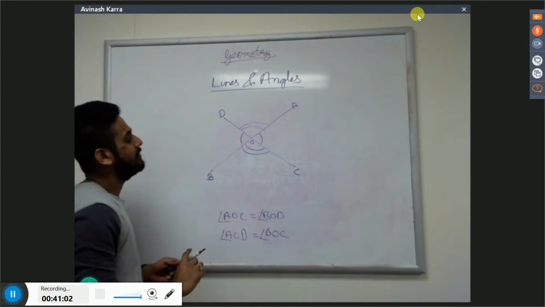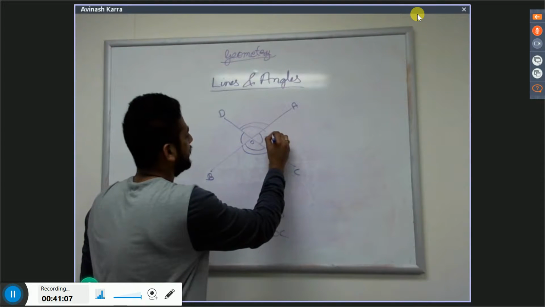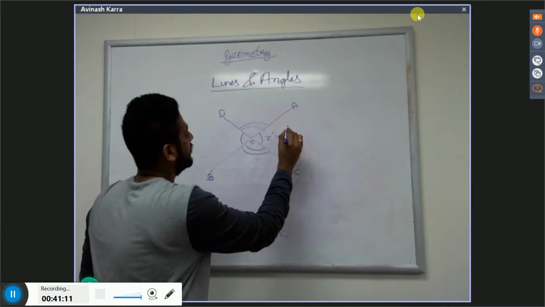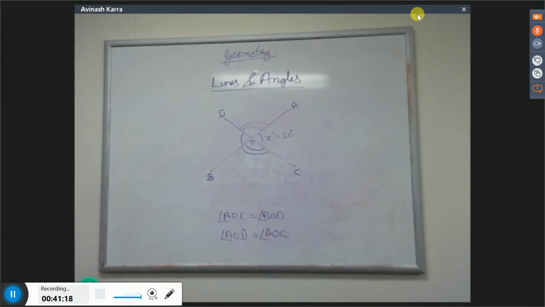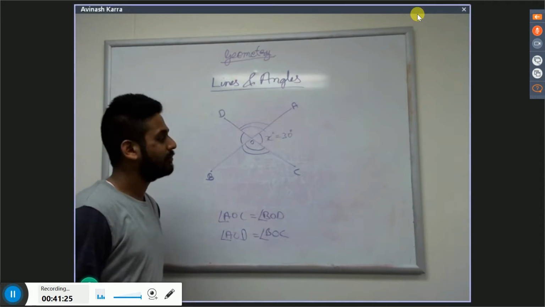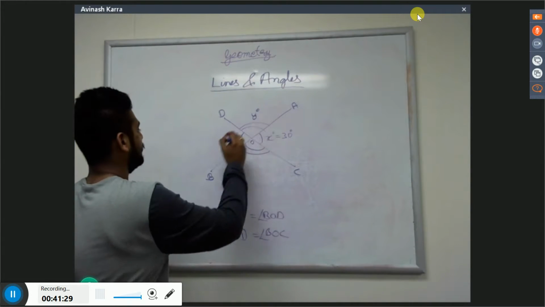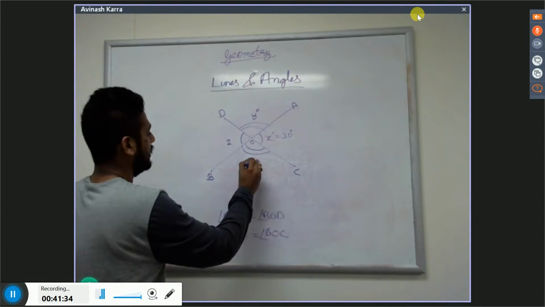Yes. If I give this angle x is equal to some 30 degrees, can you find the rest of the angles? Yes or no? Can you find it for me, please? Angle AOD equals 150. Let us take this y. Let's take a.